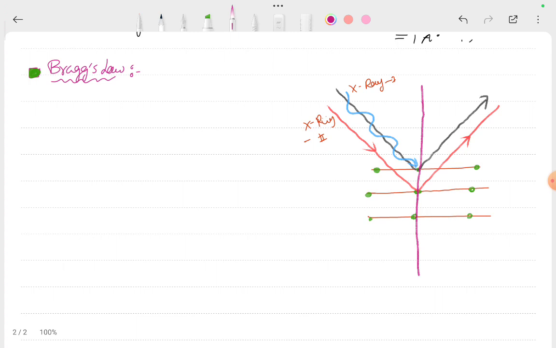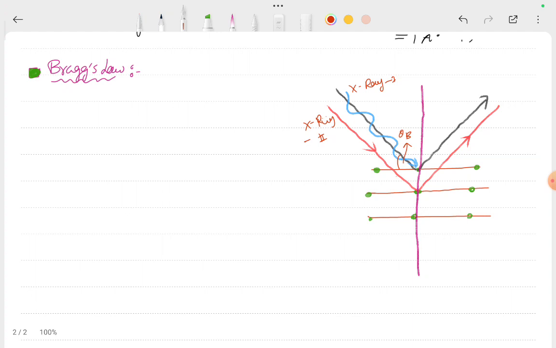These electromagnetic waves are incident on the crystal plane at an angle theta B.